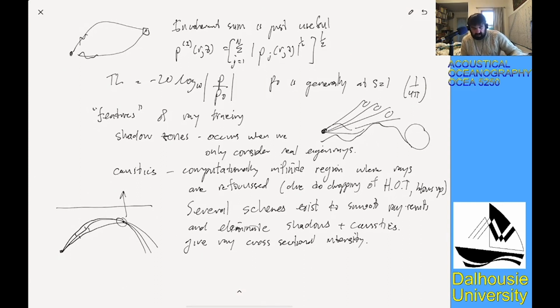There's a few different versions, but the most popular one is where your ray has a triangular intensity. So this is along S, the ray path. This is some dimension across.